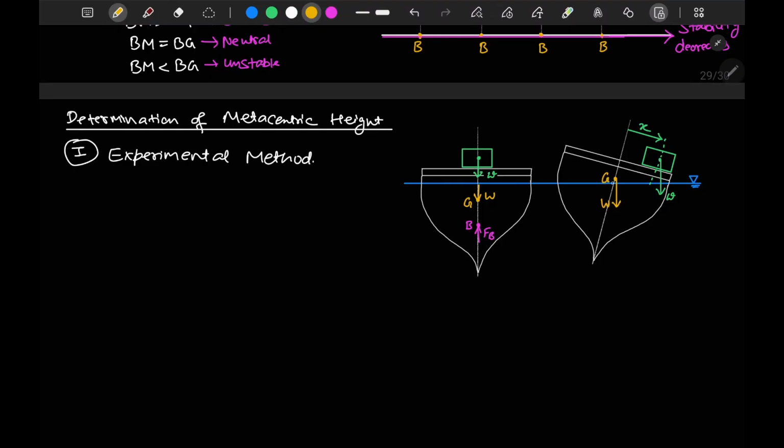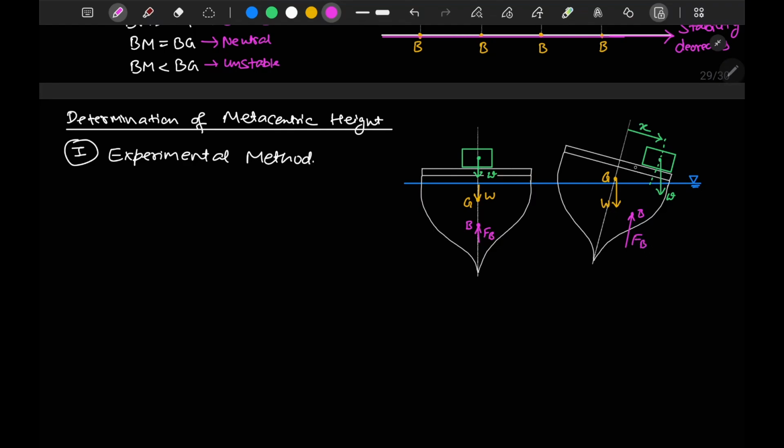This is your center of gravity. Now your buoyant force will act somewhere here, and this is your Fb.